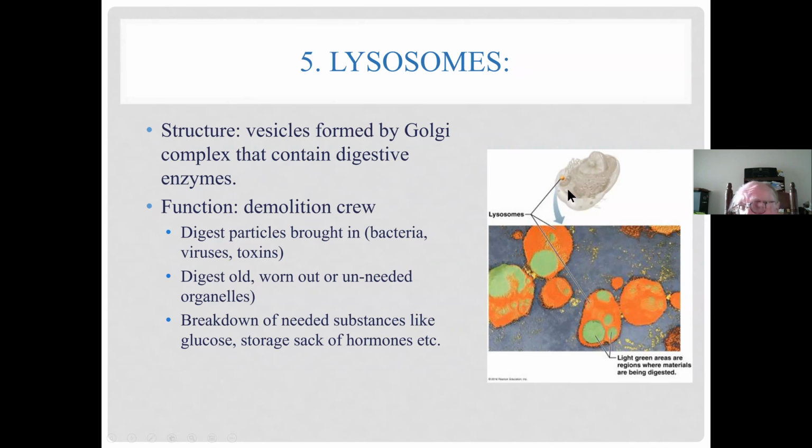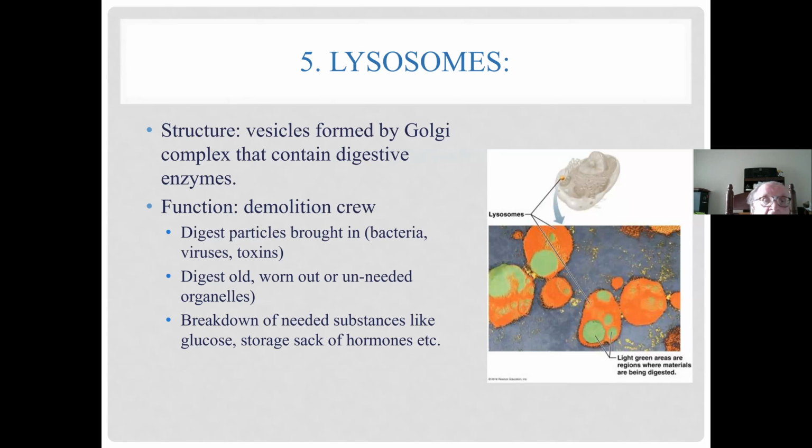If a piece of foreign material comes in, bacteria, viruses, toxins, that foreign material is engulfed. We saw endocytosis, which means there's a membrane placed around it. This lysosome comes and fuses. It's double membrane too. It fuses with the membrane of the endocytotic vesicle. It dumps its enzymes out into the vesicle and digests the particles.